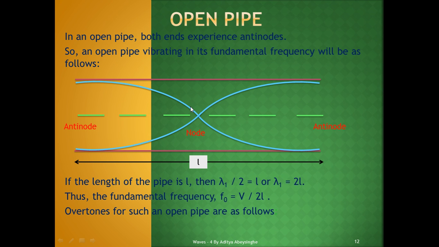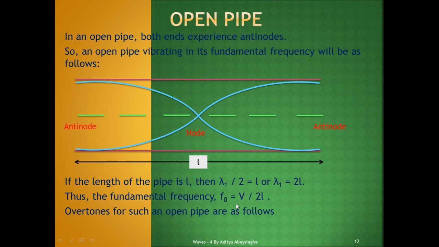So antinodes are formed at both ends. So a node should be formed, when it is vibrating with the fundamental frequency, at the middle of the open pipe, right?